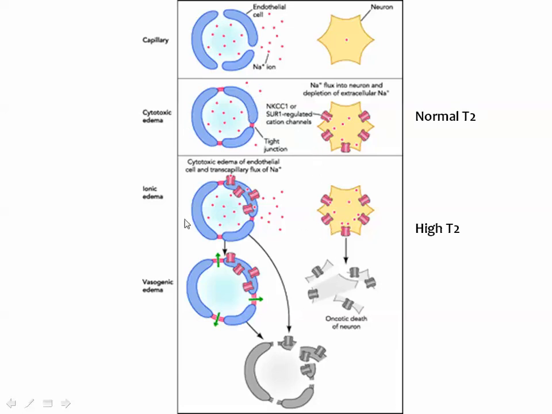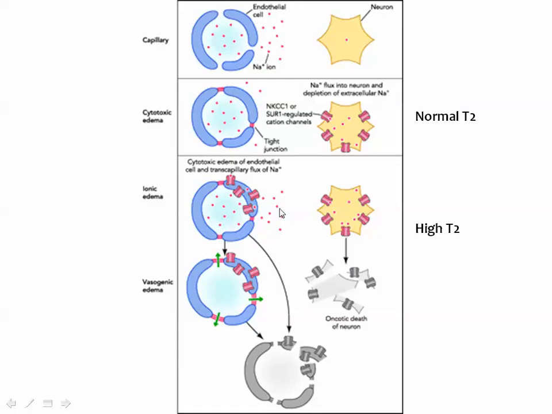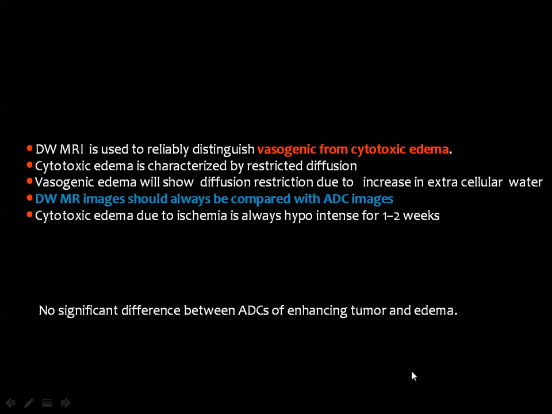Then after that, the cell will rupture, and the water will come outside the cell. At that time, you can see high T2 signal and high FLAIR signal, and this is known as cytotoxic edema. Cytotoxic edema will appear as high signal in the T2 and the FLAIR images.